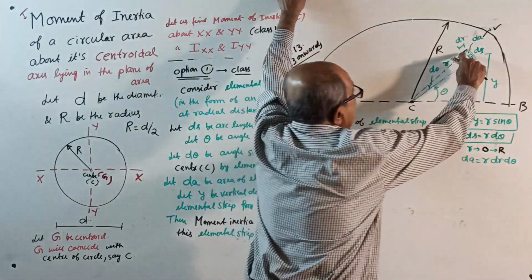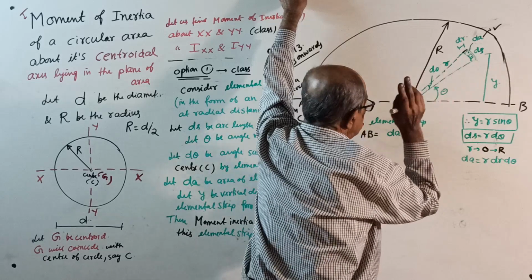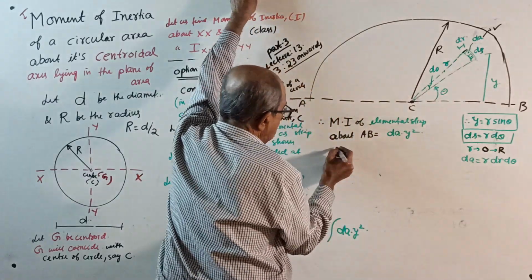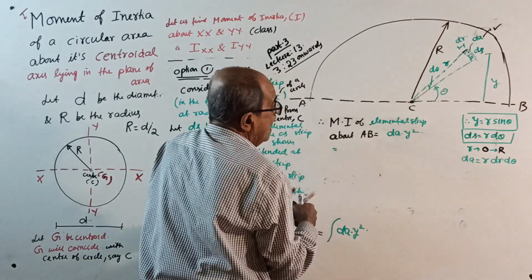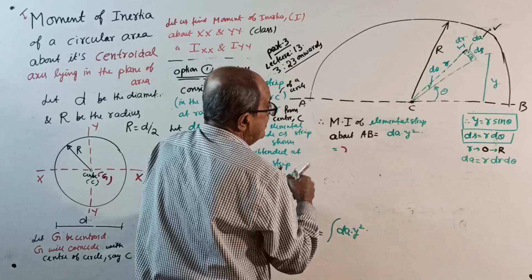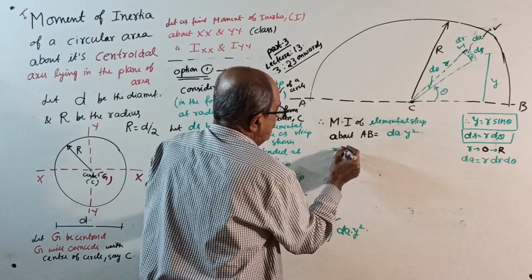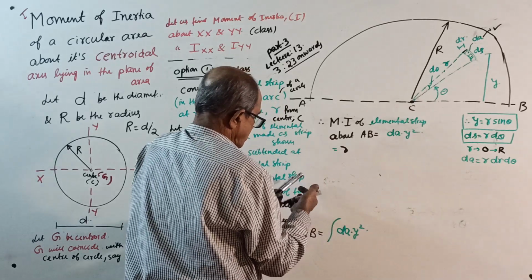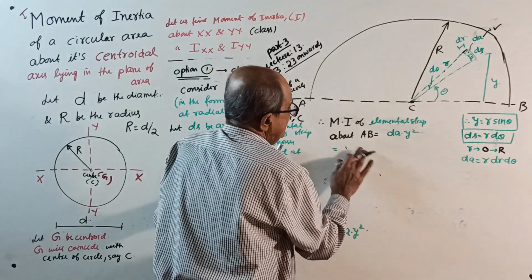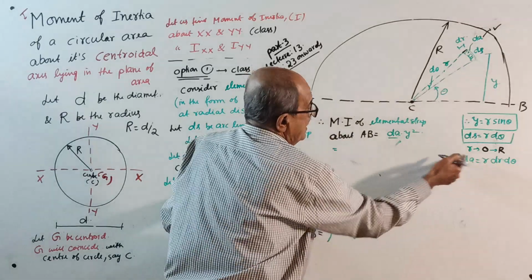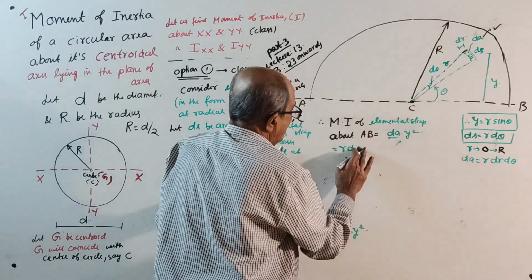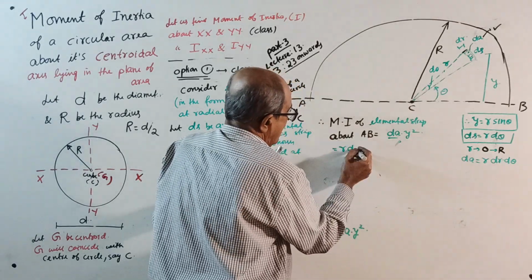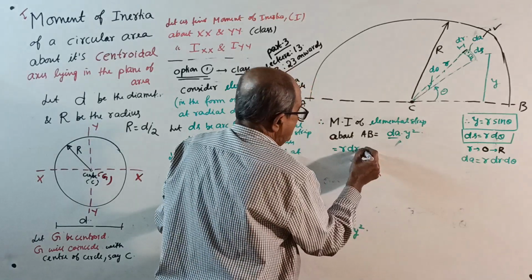Why? Area into distance from the axis, the distance is y, so y square. Going further, dA equals r d theta, substitute, you know that dA is r dr into d theta.